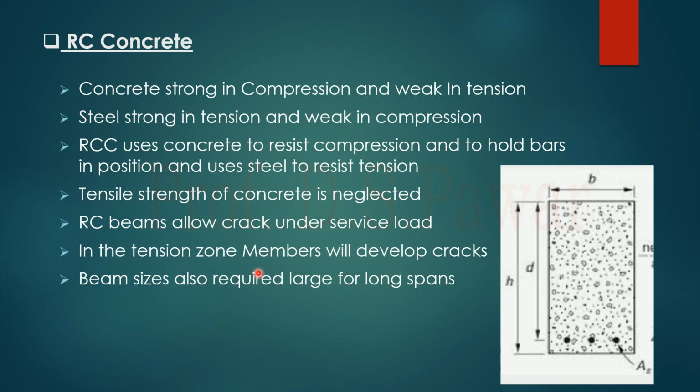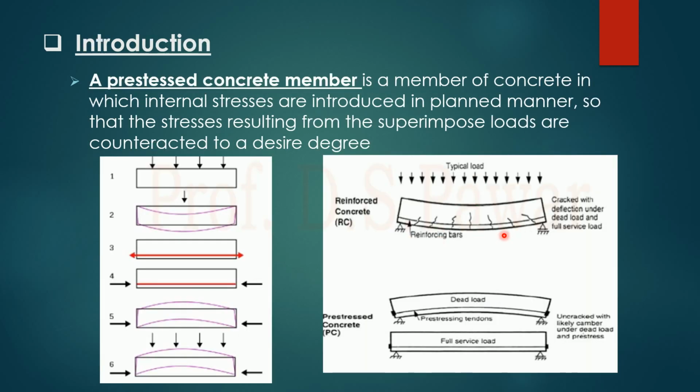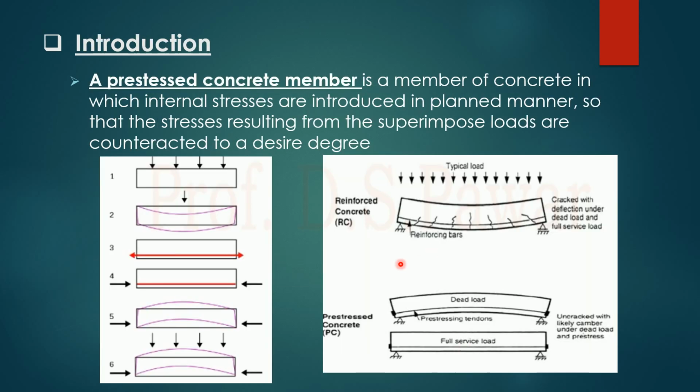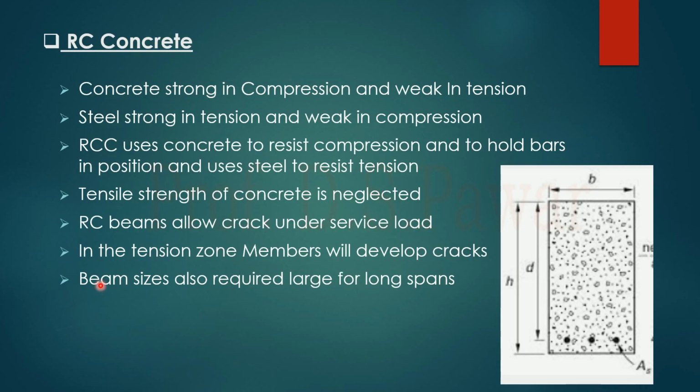We have just seen that the RC beam allows cracks here. In the tension zone, the member is going to develop cracks. Beam sizes are also required to be large for long spans. In RCC, the beam size is required to be large for long spans because of the maximum bending moment. Okay, so this is about RC concrete. And why I have told this: earlier we discussed that the tensile strength of concrete is neglected.